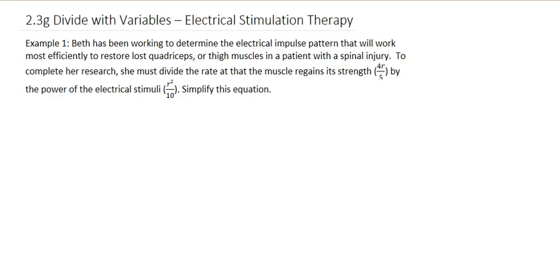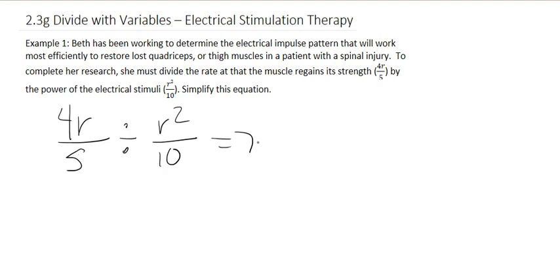So let's first start by writing it out. So we have 4R over 5, and we're going to divide by R squared over 10. Now, the way we can handle this is by changing this whole equation into multiplication.